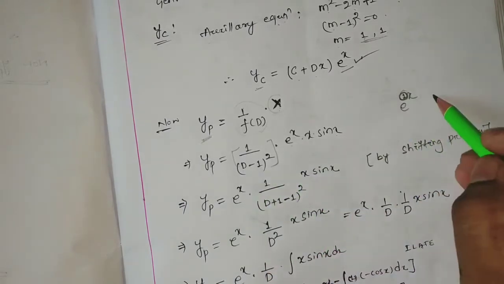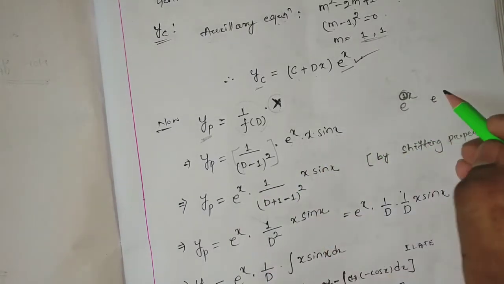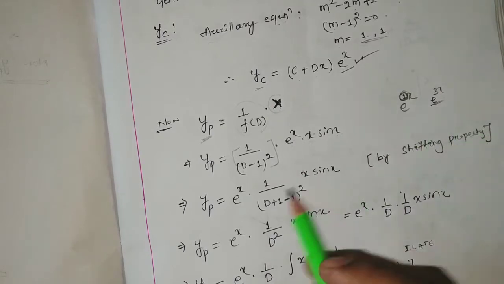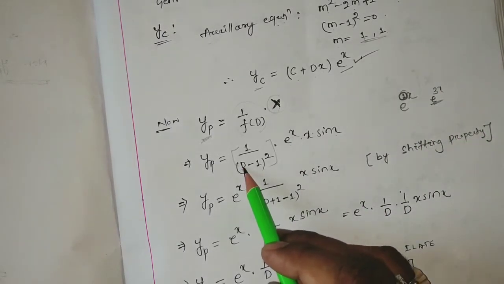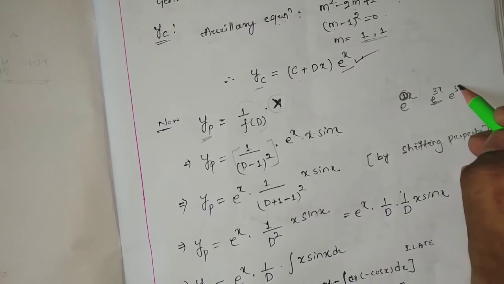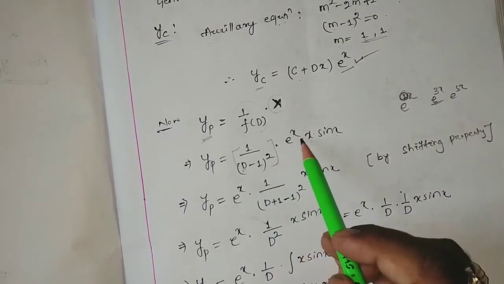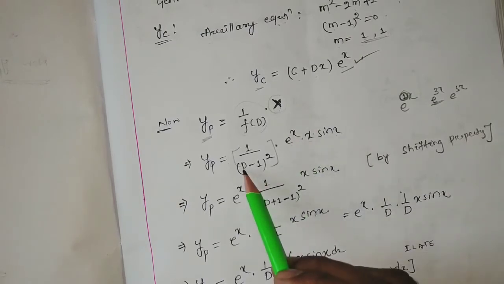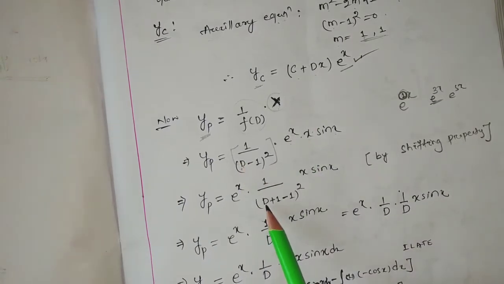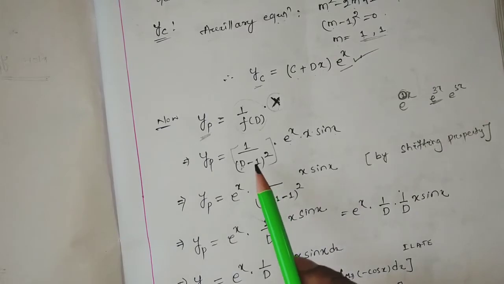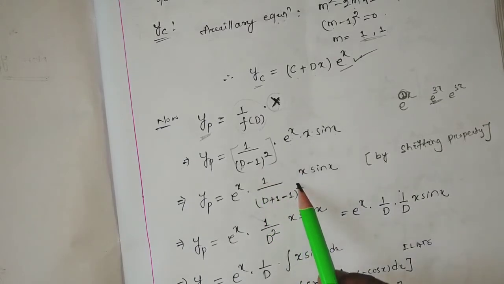Suppose here we have e^(3x), that means it will be added as D plus 3. Suppose e^(5x) is there, it will be added with D as 5. Here as it is 1, D will be D plus 1, and the minus 1 is already there. So e^x moves to the front, and we get 1 by (D plus 1 minus 1)² x sin x.